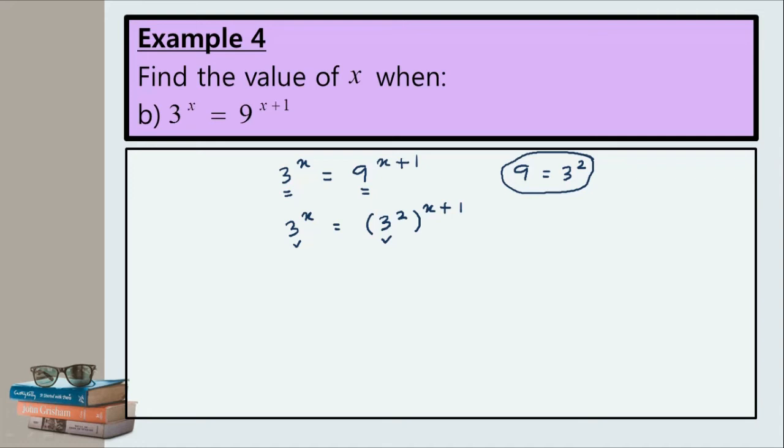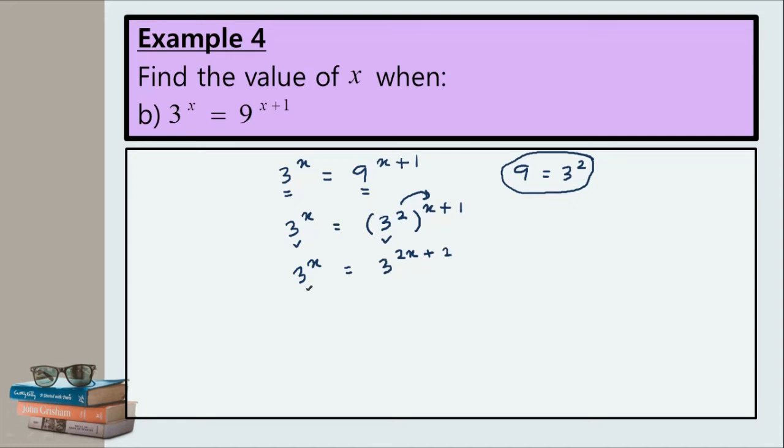Okay, so we can simplify first. 3x equal to 3 to the power of, okay, this one we need to multiply 2 times x plus 1. So we have 2 times x, 2x, 2 times 1, plus 2.